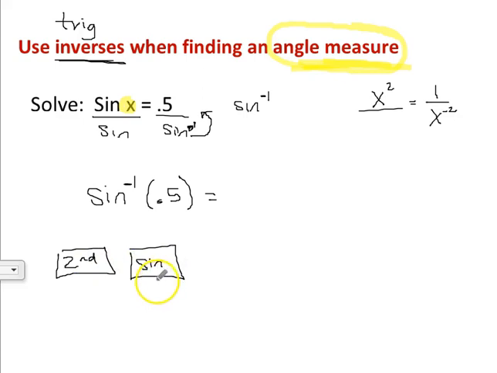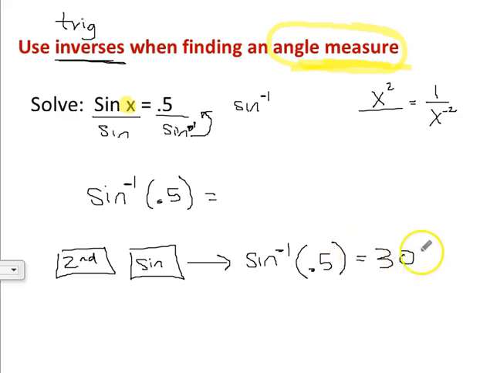If you look above that, you'll see that it allows you to access the inverse of the sine. So doing that and then plugging in that 0.5, the inverse sine of 0.5 gives me, when I plug it into my calculator, 30. And I know that that represents the angle measurement. So that angle measurement would be 30 degrees.